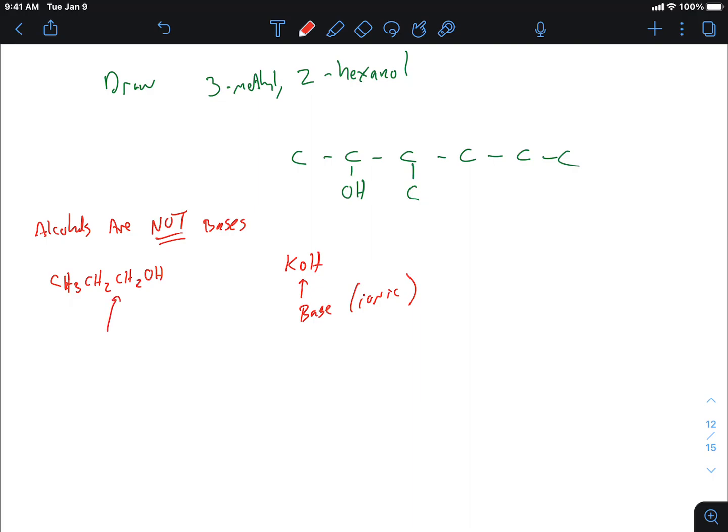These, all the bonds here are covalent bonds, and covalent bonds do not ionize, at least not nearly as much. They don't ionize. There's no release of OH minus, hence not a base.